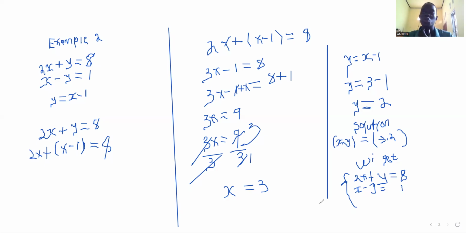The second was no solution, when the lines are parallel. The third solution was the infinite solution, when both equations represent the same line. So those are the solutions that I use in the concept of the system of linear equations.